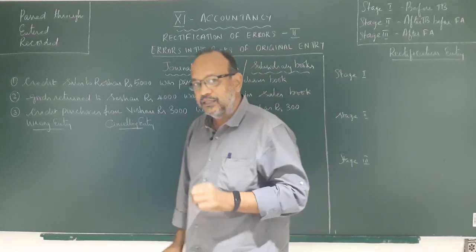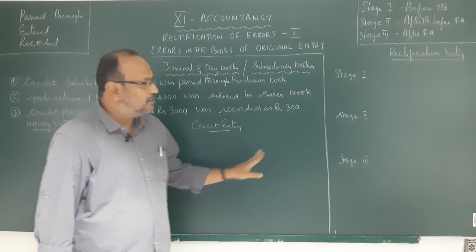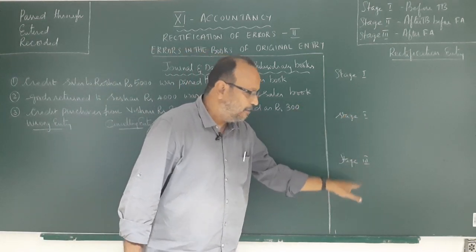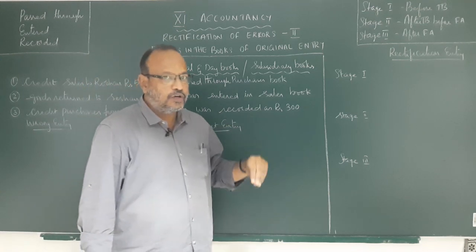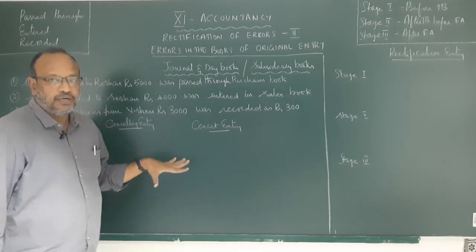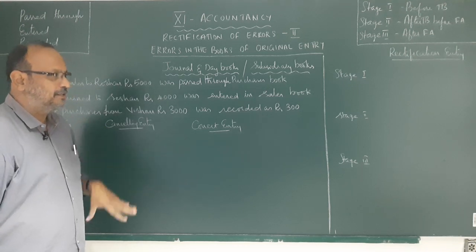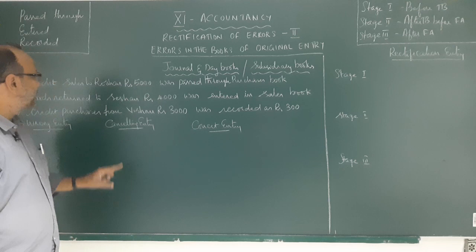We will be writing the correct journal entry, and then based on the stage of rectification, we pass rectification journal entries. The people who have not watched my first video, you just watch it and then come back, you will be able to understand this a little bit easier. Right? Now let's start solving the sums.